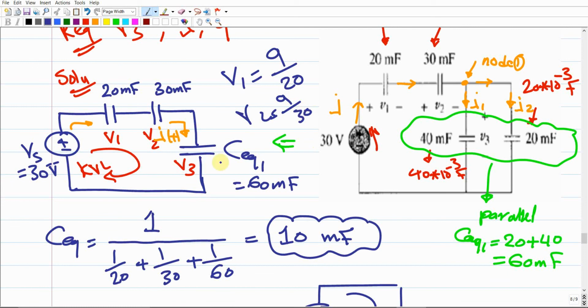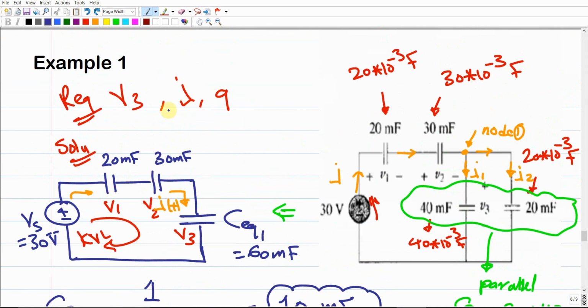Very simple. If you sum all of these three voltages, V1, V2, V3, it should give us the 30 according to Kirchhoff voltage law. Because if we apply Kirchhoff voltage law to this electrical circuit, the sum of these voltages should equal the input voltage. Make sense? So this example is to help understand more what current, charge and voltage mean for capacitors.